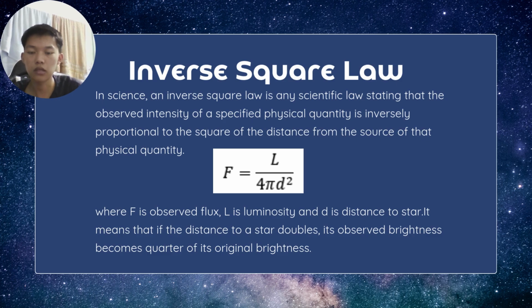This means that if the distance to the star doubles, its observed brightness becomes 1/4 of its original value, and if the distance triples, the brightness drops to 1/9. This principle is crucial in determining stellar distances, luminosities, and the overall structure of the universe.